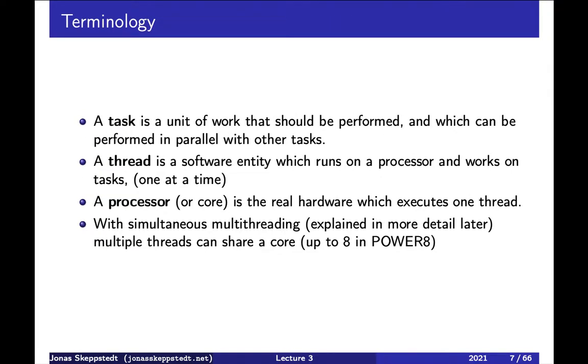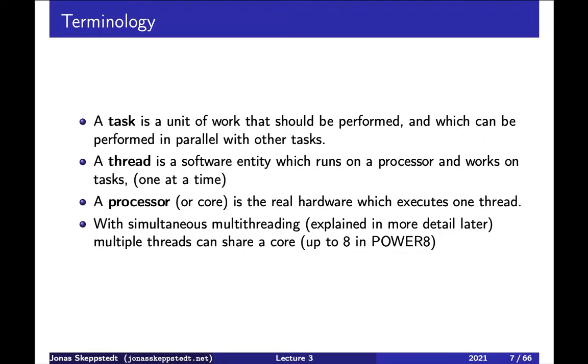Now some terminology. A task is a unit of work that should be performed, and that is what we think about in software. I mean at the algorithmic level, not in syntax or anything like that. The tasks are performed in parallel with other tasks.